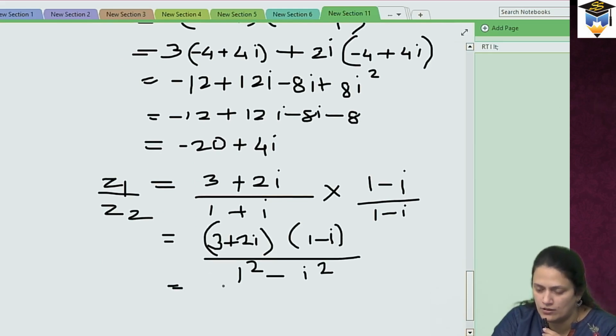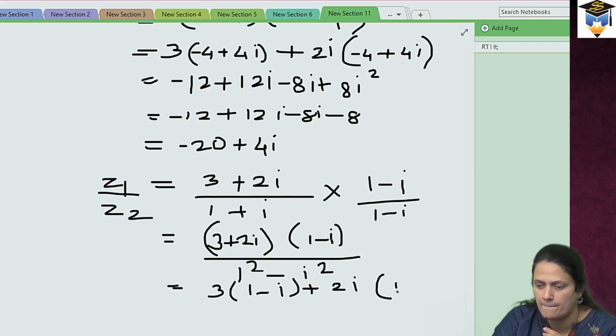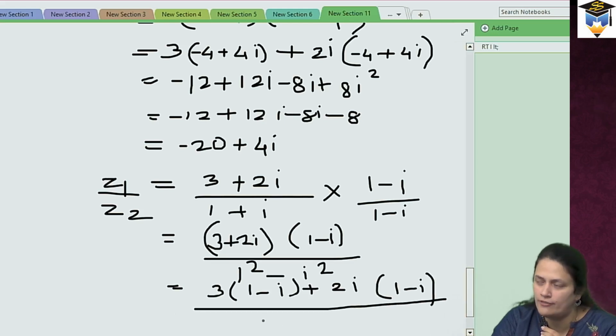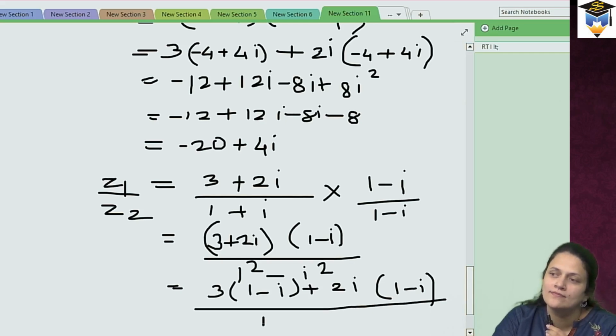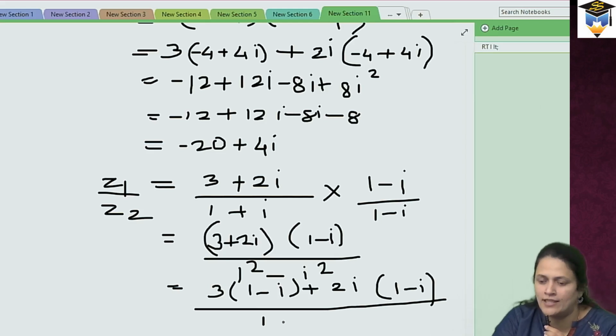So I will do the numerator's multiplication. Upon the denominator, 1 square is 1 itself. And what is i square? i square is minus 1, so minus of minus 1 becomes plus 1.